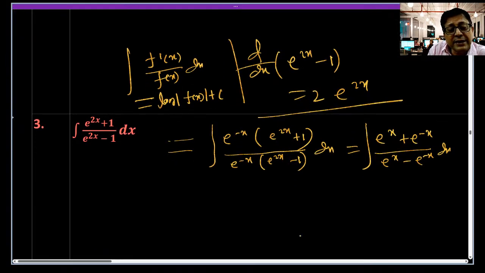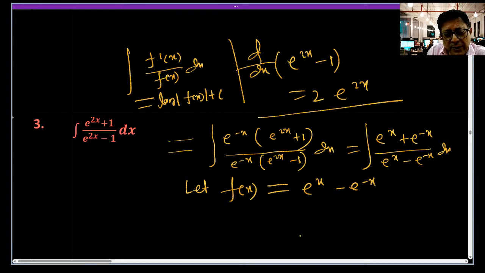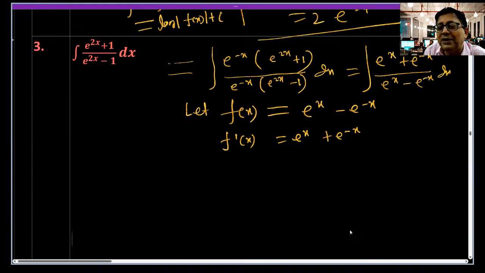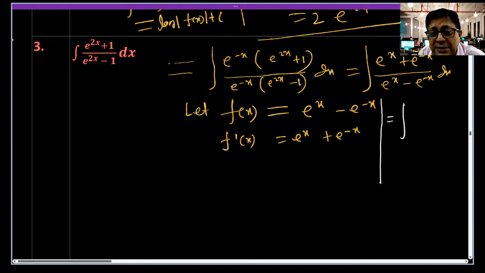You just take f(x) equal to e to the power x minus e to the power minus x. So the derivative is what? Minus minus plus e to the power minus x. Isn't it? So this is the advantage. See, if this integrand you want to write, it will take this very convenient form for you, that is f'(x) by f(x) dx.